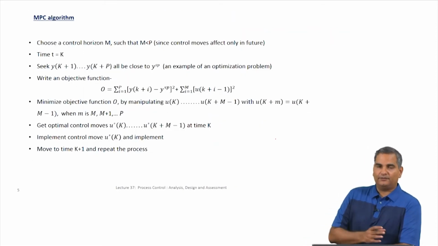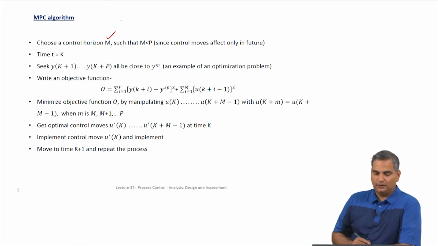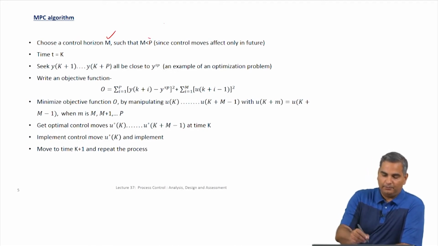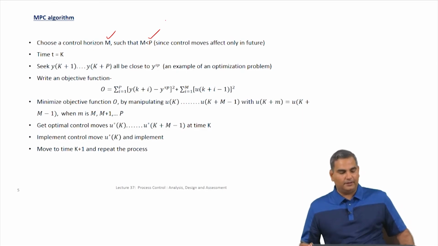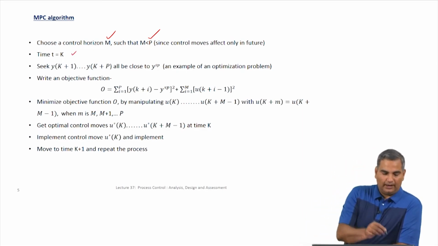So, in terms of an algorithm, what happens is you start and choose a control horizon m, you choose a prediction horizon p, and m has to be less than p, which we have talked about quite a bit. Let us assume that we are at time t equal to k.